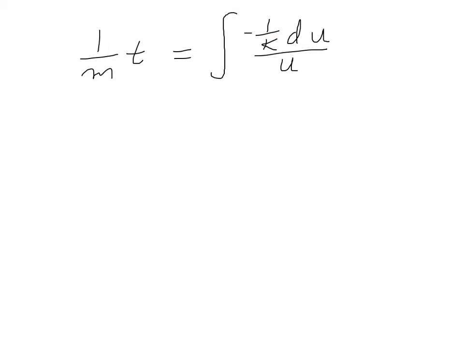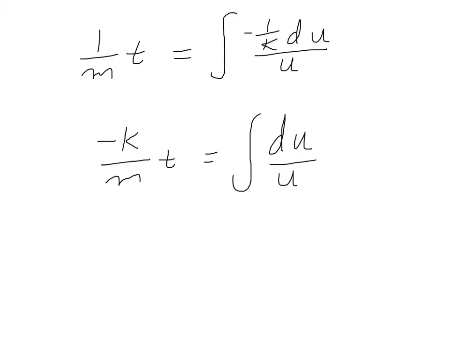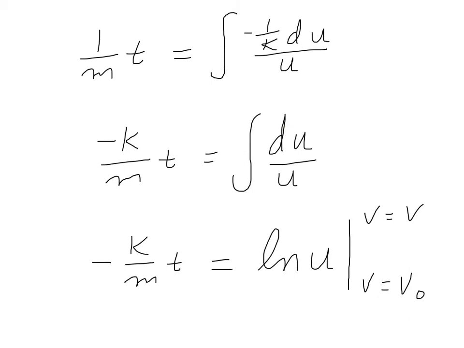Basically I've taken this minus k that was on the bottom of a fraction and moved it over here, because it's a constant, I could factor it out and then multiply both sides by a constant. The reason I do this is because now I have this nice clean 1 over u integral. The integral of 1 over u du is the natural log of u.